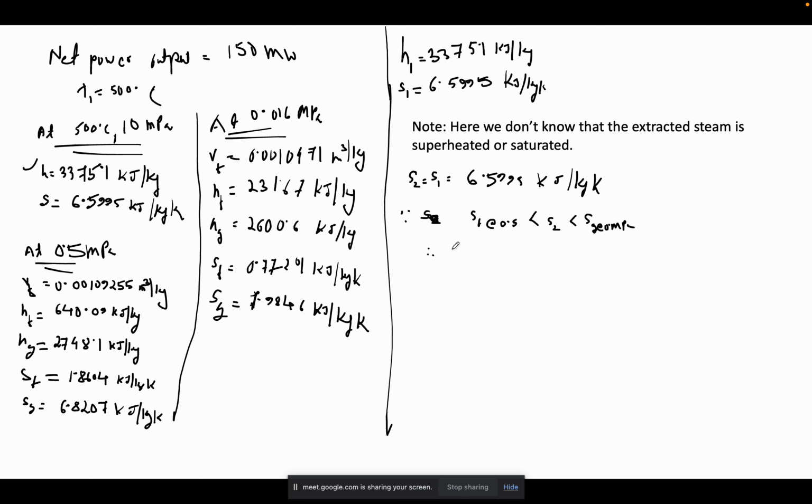So therefore the steam is saturated. This steam is not a superheated steam. Okay, that means whatever we have drawn is correct.